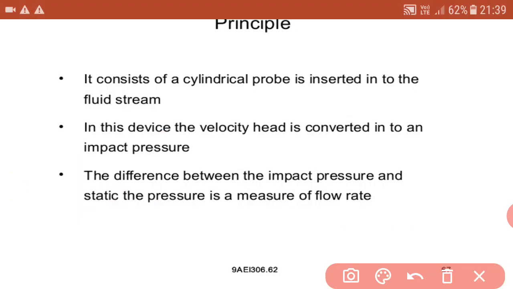The difference between the impact pressure and static pressure is a measure of flow rate. So the difference between this impact pressure and static pressure is the measurement of flow rate. So this way we can measure flow rate.